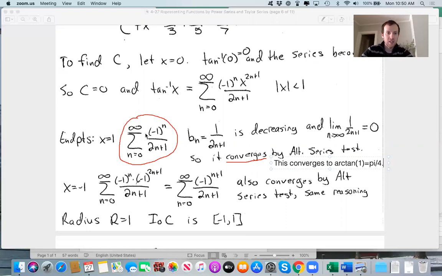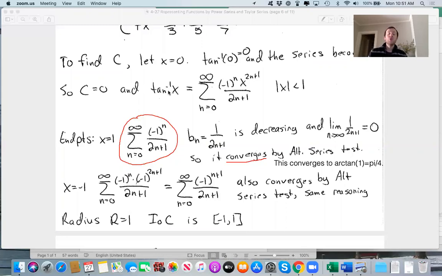This is the series you get if you put 1 into this power series. But the whole point is this power series represents this function. So if you put 1 into this series, it's going to converge, and what it converges to is what you get if you put 1 into this function.